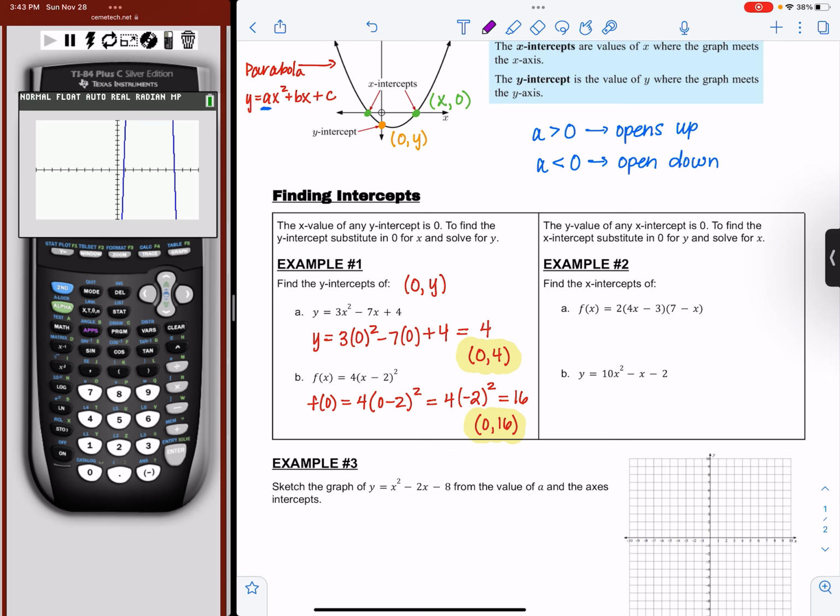So f of x, which is y equals, we're going to set to 0, and set it equal to 2 times 4x minus 3 times 7 minus x.